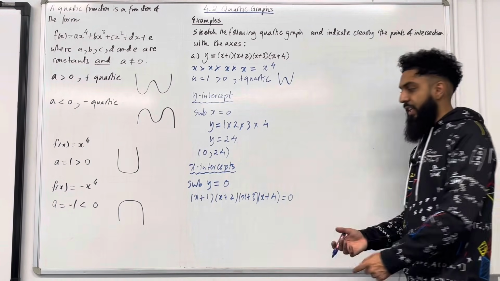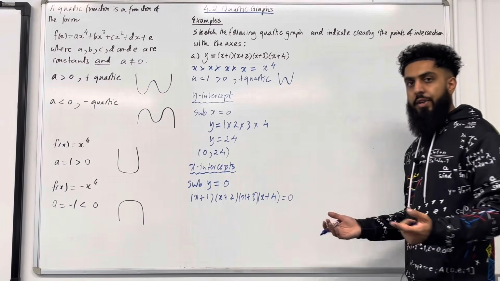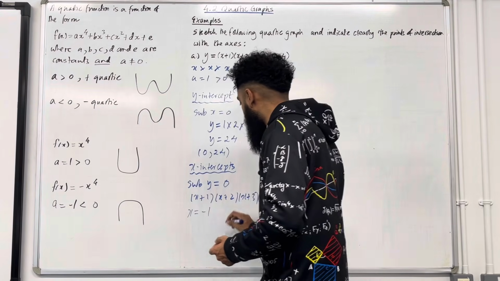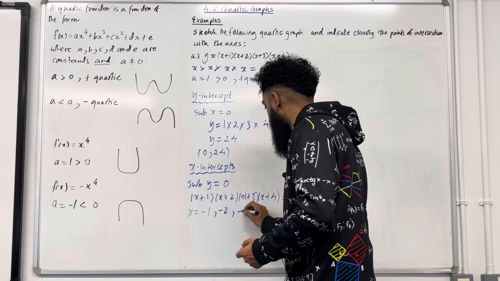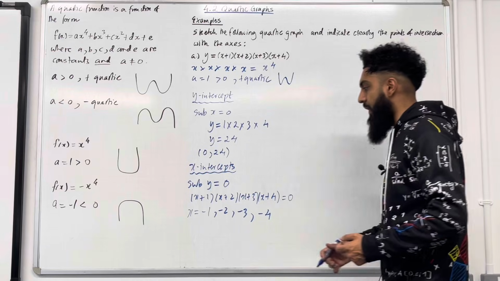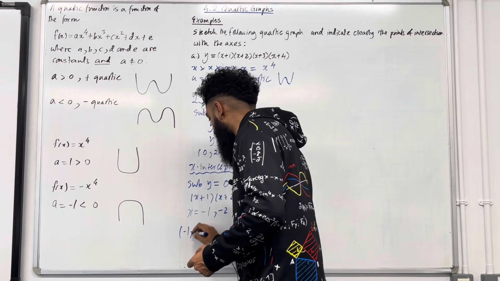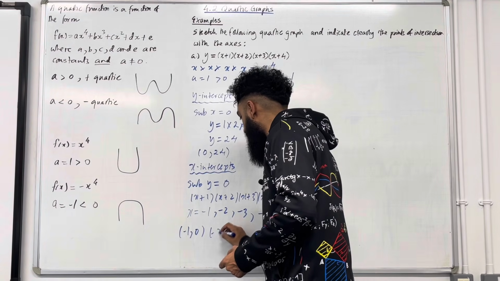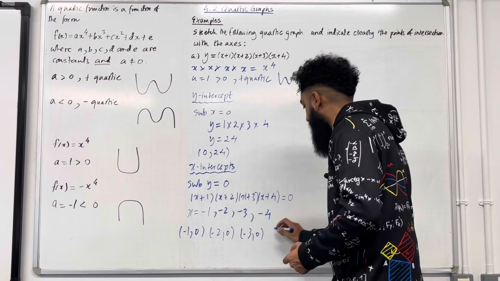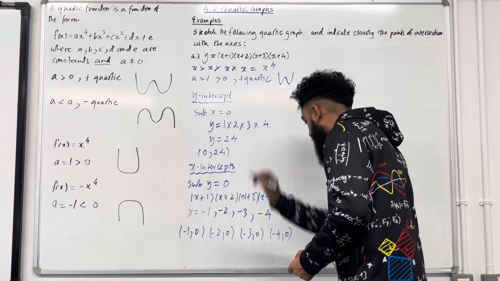The roots, or you could say solutions to this particular equation, are x equal minus 1, minus 2, minus 3, and minus 4. So my x-intercepts are minus 1, 0, minus 2, 0, minus 3, 0, and minus 4, 0.